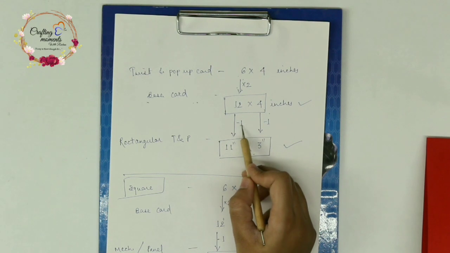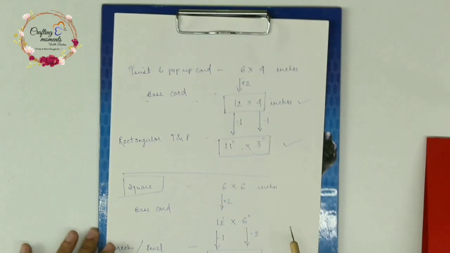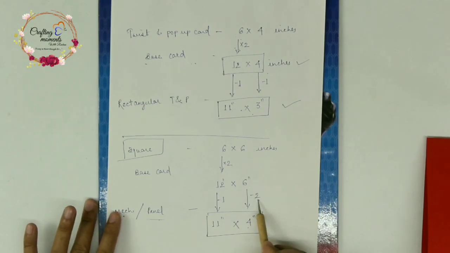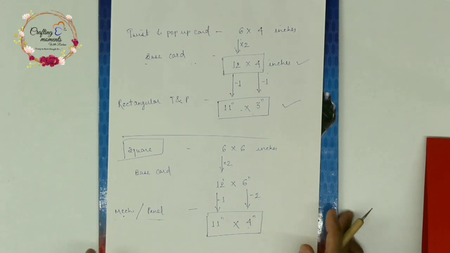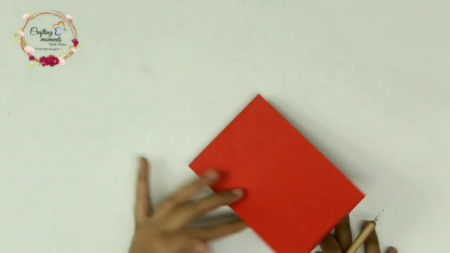So in place of 1 inch you can use around 3 centimeter, and in place of 2 inches you can use 5 or 6 centimeter. Okay, so in this way it is very easy to customize the size and also an easy way to make this pop-up card.